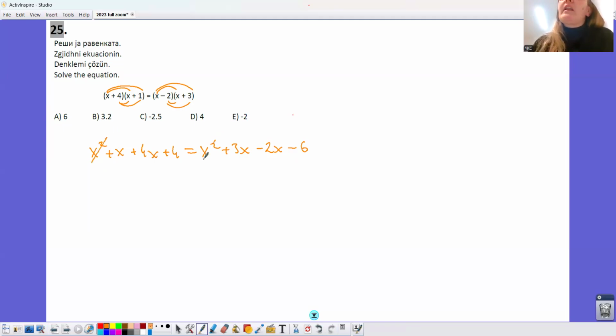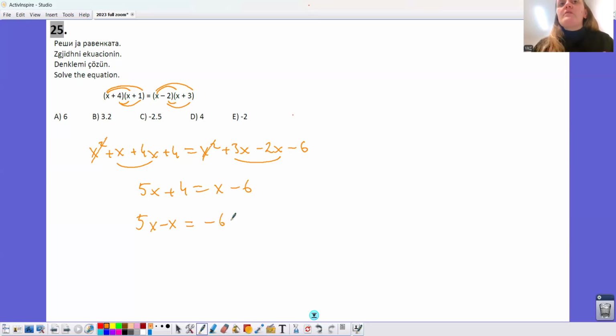So x squared and x squared will cancel each other. Then I have here 5x, x plus 4x is 5x, plus 4 is equal to 3x minus 2x is x only, minus 6. Now, unknowns on one side, knowns on the other side. So it will be 5x minus x is equal to minus 6.